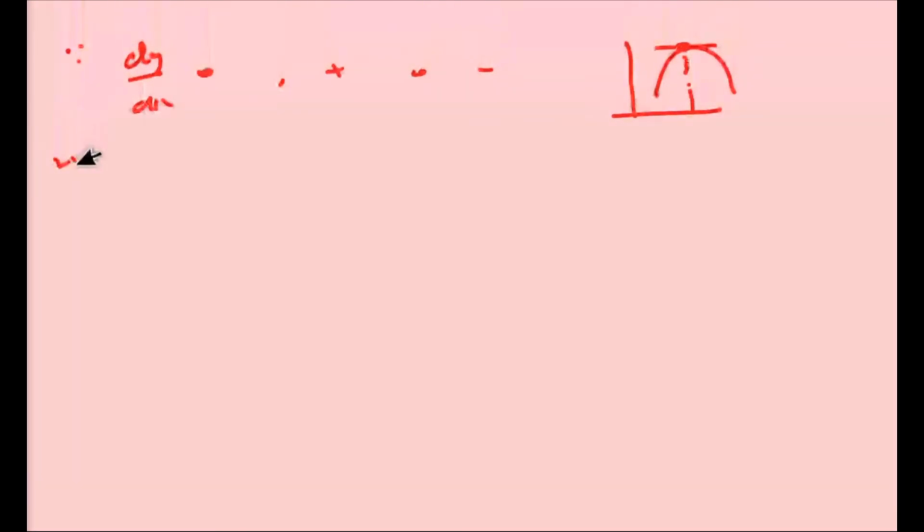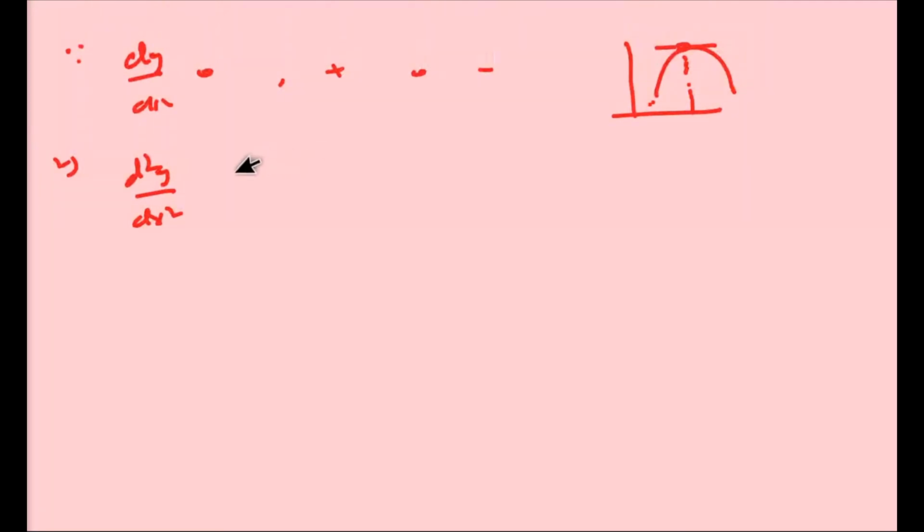Now, since dy by dx is 0 and goes positive to negative for maximum value, okay, so we can say d2y by dx square is, here we can say, positive to 0 and negative, meaning it is going to negative.